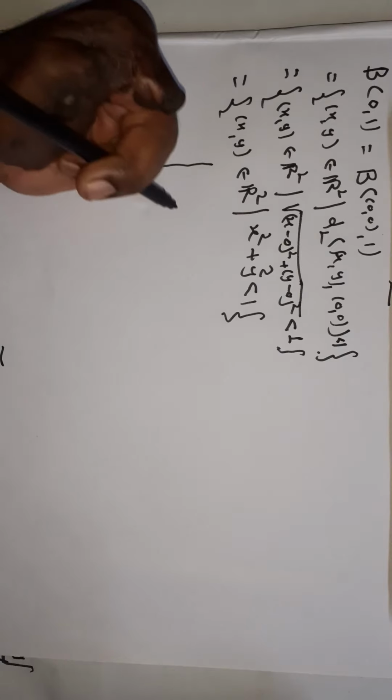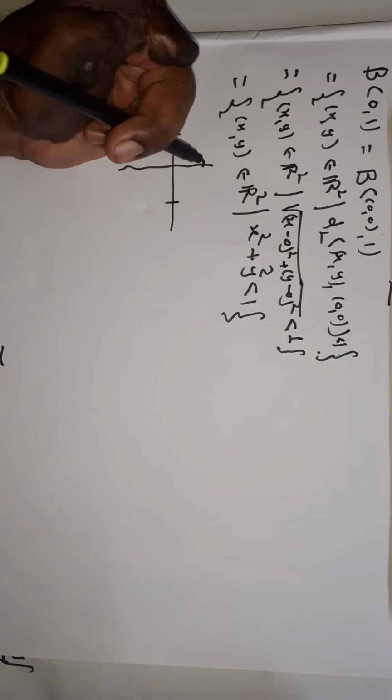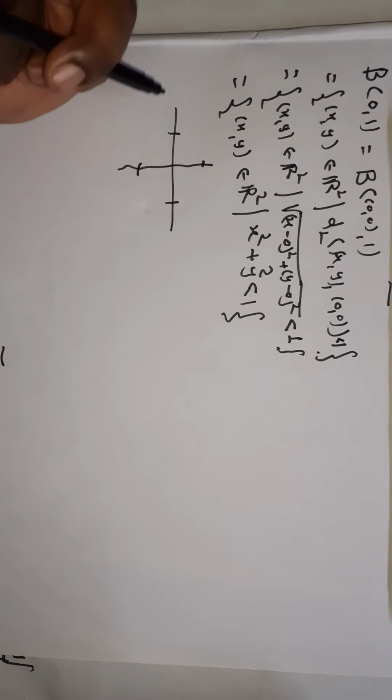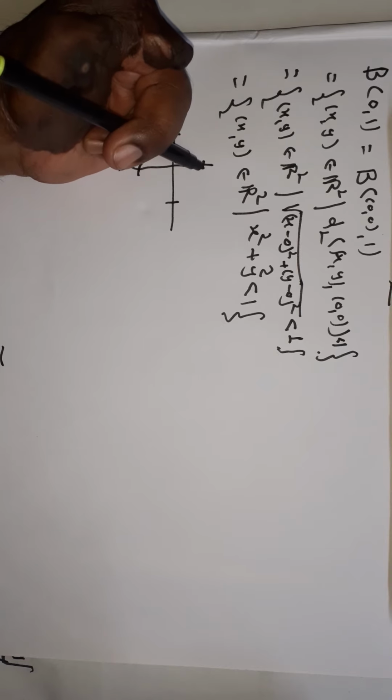Therefore, the figure of this open ball is that of the circle centered at 0 and radius 1, missing the boundary.